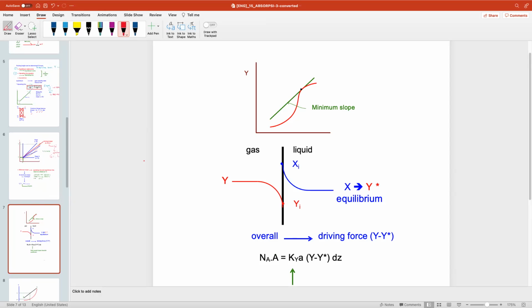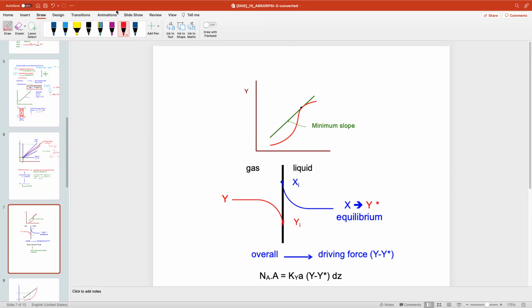So basically, to sum up, I'm going to write very quickly here. First we know the y1 and y2, the target that we want. We know the x2 as well, and then we also have to find the equilibrium curve.